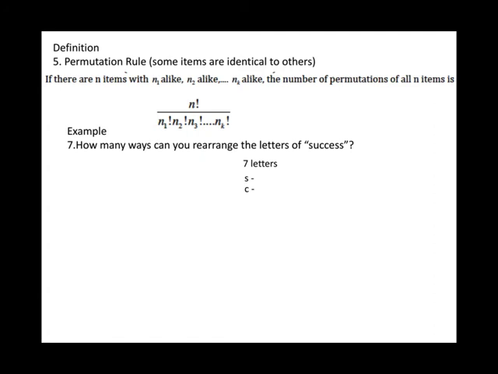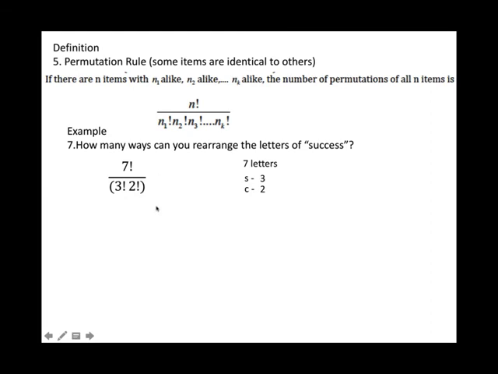We will have 3 S and 2 C. So in this example, we're gonna do 7 factorial because we have 7 letters, and then divided by 3 factorial for the 3 repeated S times 2 factorial for the 2 repeated C. I will just put the parentheses on the bottom here.